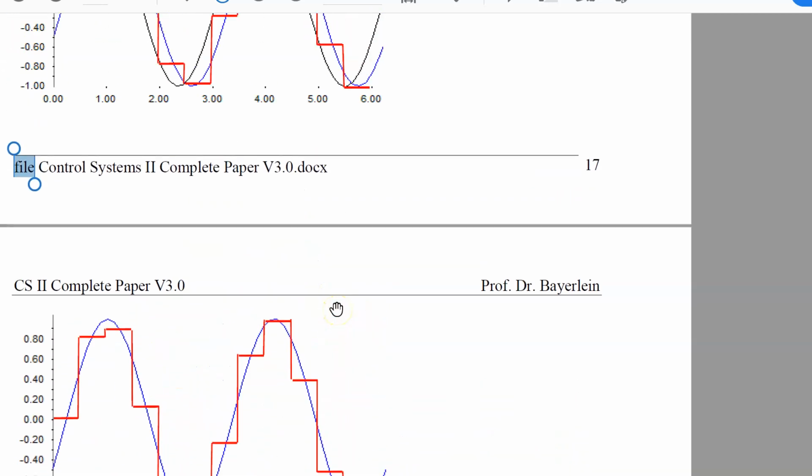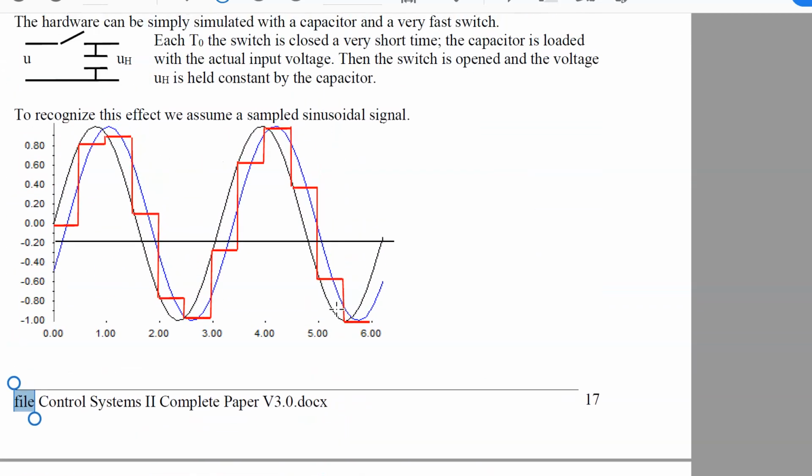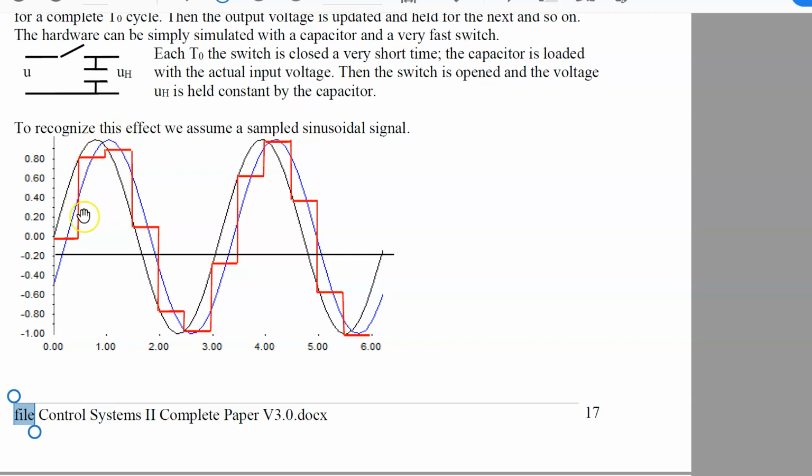And if I now go back to the black curve and compare the blue curve with the black curve, you can see there is a delay. And this delay is estimated very easily: look at the black curve.